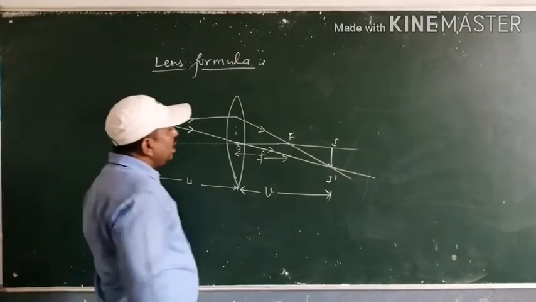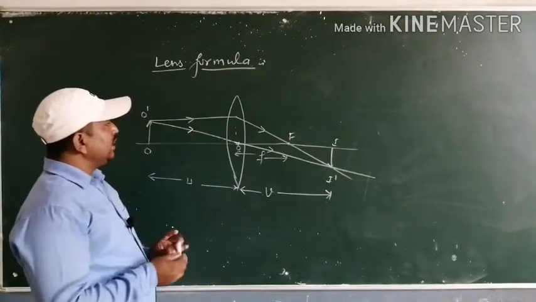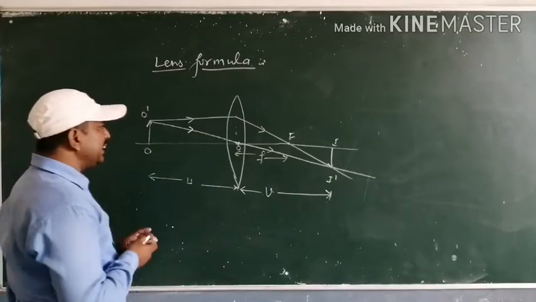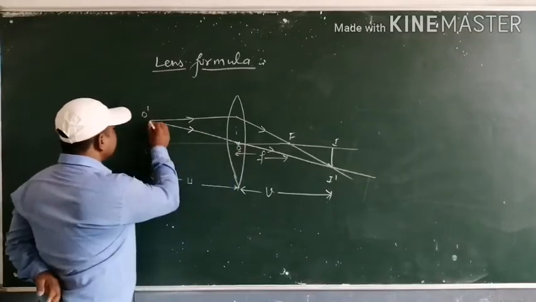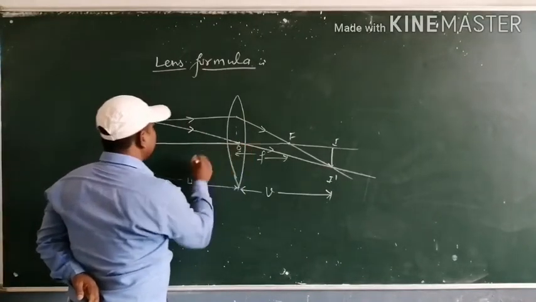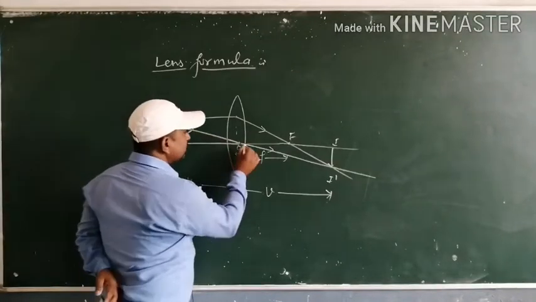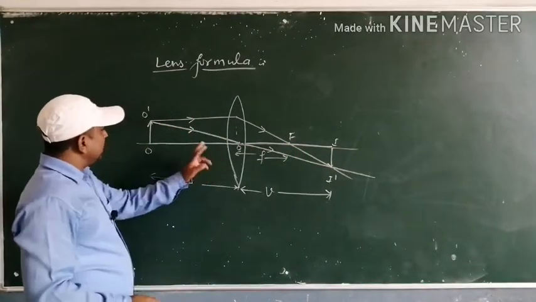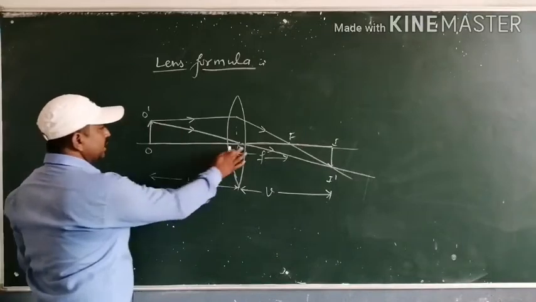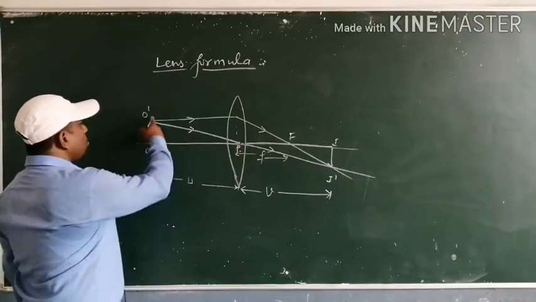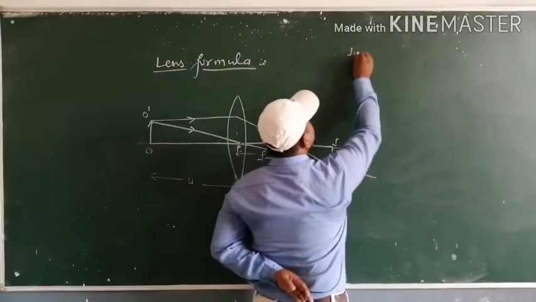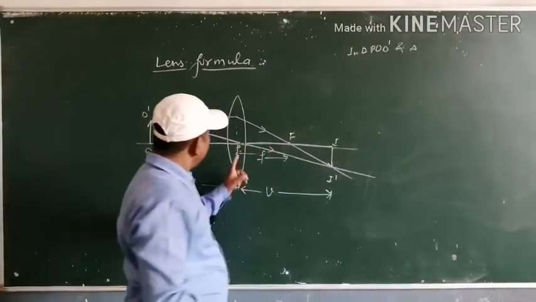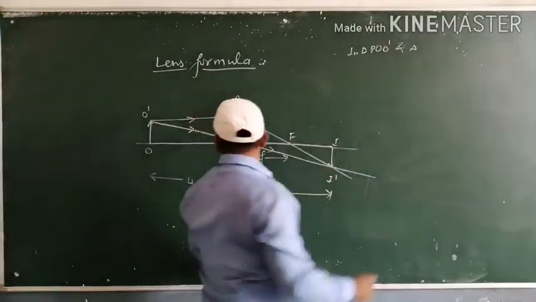So if you want to calculate the formula of the lens, then we can relate these two triangles. Take triangle POO dash and triangle PII dash.